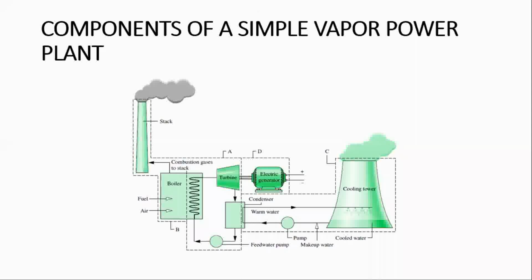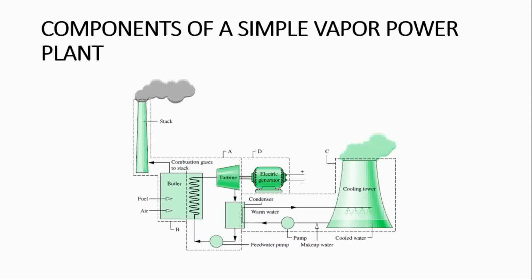Okay, so we have a quick review for Rankine cycle bago tayo mag-solve ng problem, no? So, in this diagram, makikita nyo yung typical components of a simple vapor power plant.